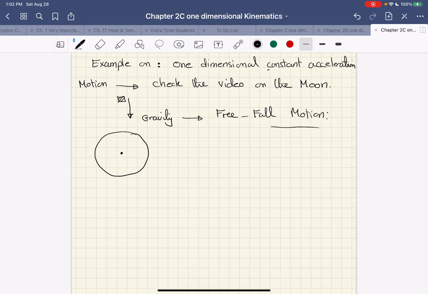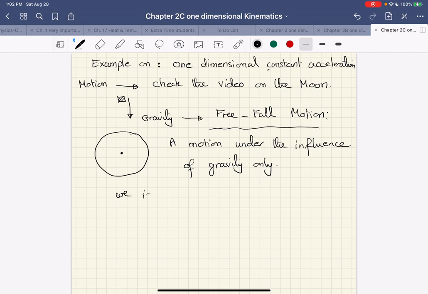Free fall motion means a motion under the influence of gravity only. What does that mean? That we ignore air resistance.